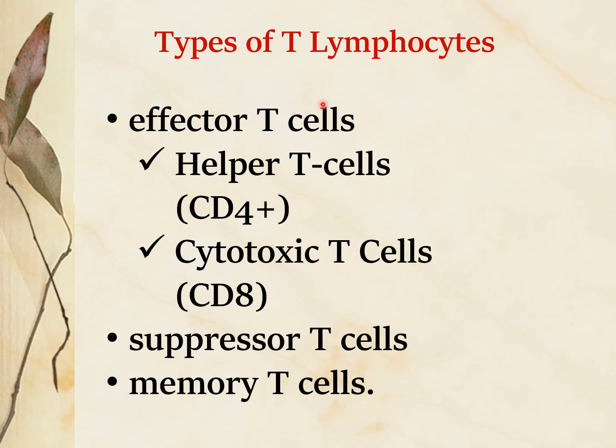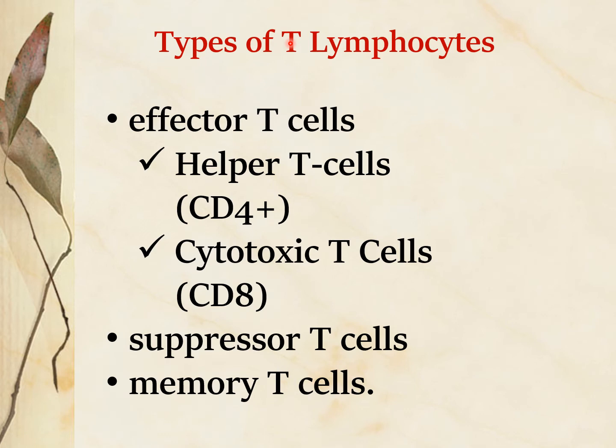The T cells include the following types of T lymphocytes: effector T cells, suppressor T cells, and memory T cells. Under effector T cells, we have helper T cells, or CD4 plus, and cytotoxic T cells, or CD8.